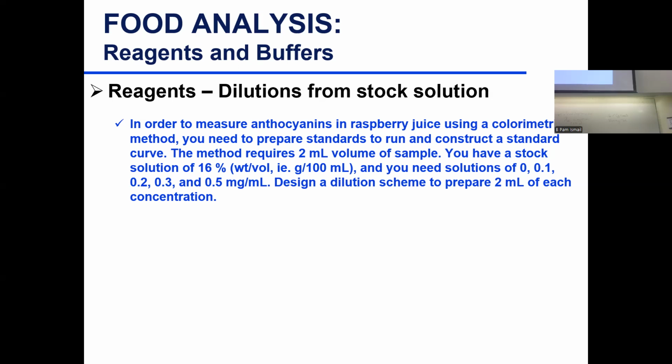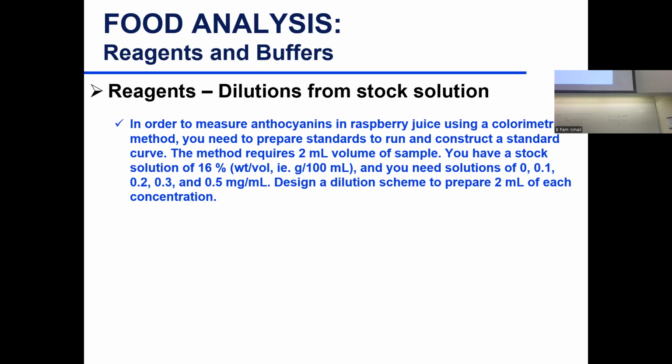So let's say I want to take 125 microliter from a stock solution. Now I'm going to solve for what concentration my stock solution should be if I want to take 125 microliter to prepare a 0.1 milligram per ml, 2 milliliter solution.